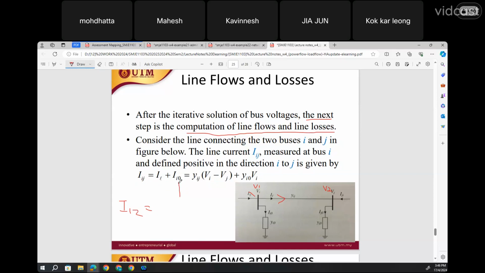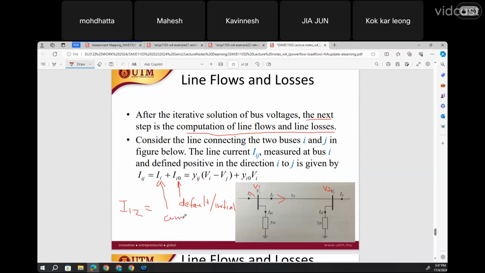This one is the current at the default or initial value.